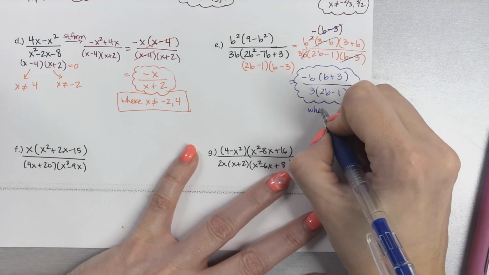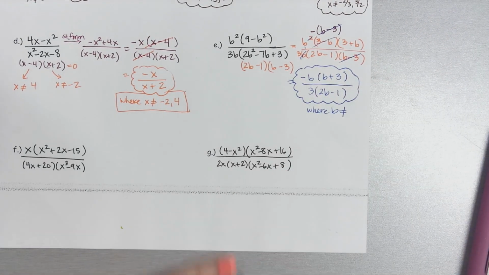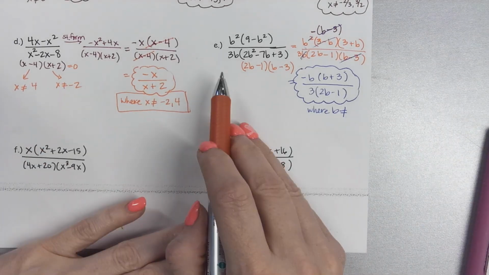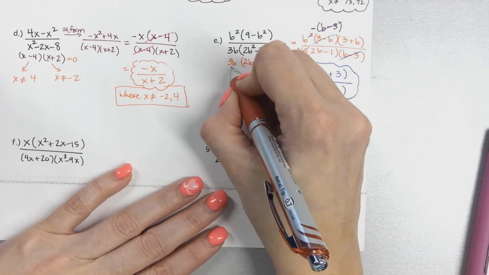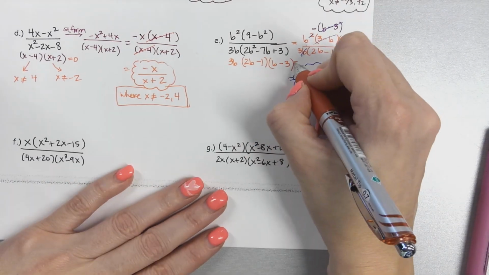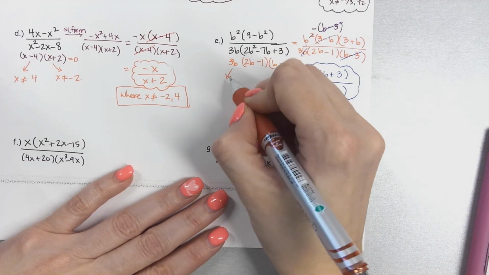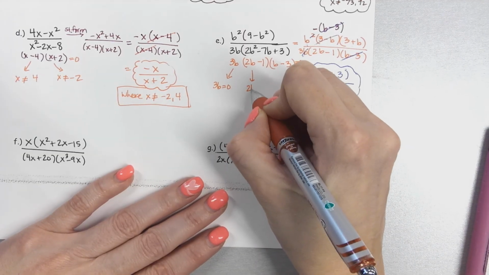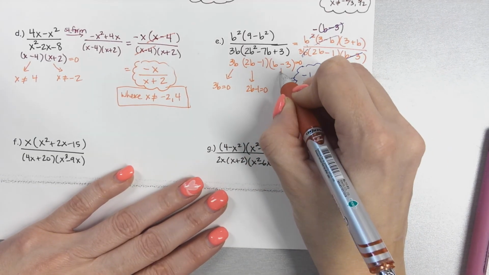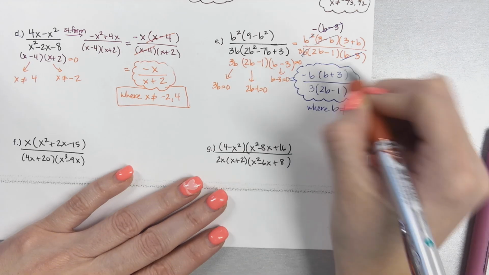And then we just have to find where our restrictions are for b. Okay, so one thing I like to do is I like to look at this factored form. I have this 3b. This whole thing is the denominator, right? So if I were to set that equal to 0, don't forget about this guy. 3b is 0, 2b minus 1 is 0, b minus 3 is 0.